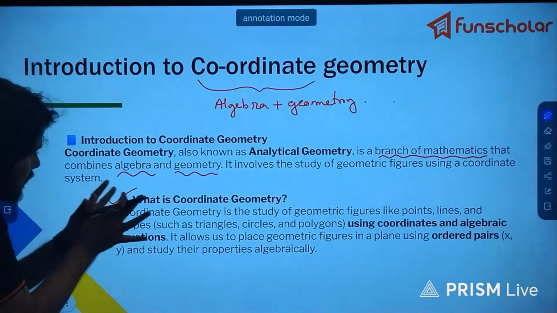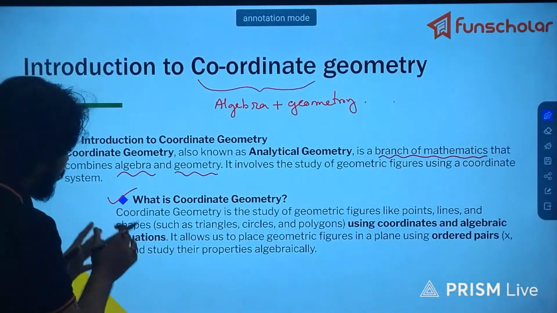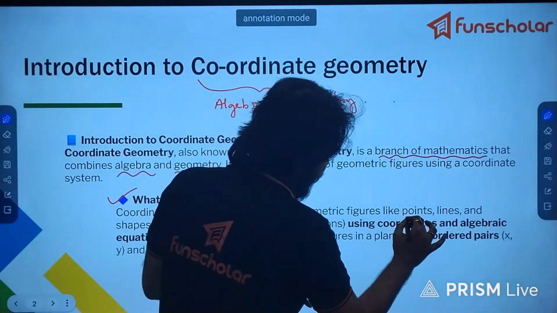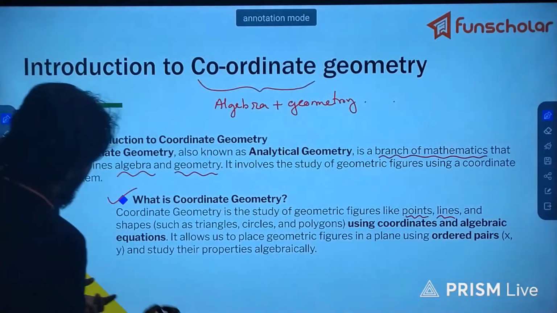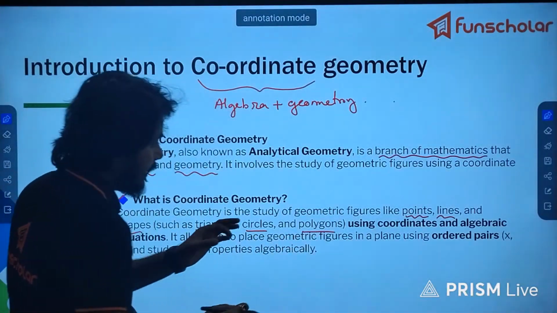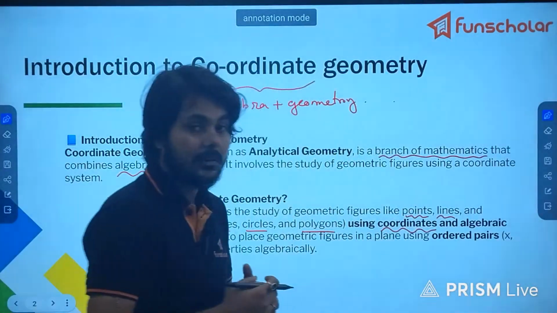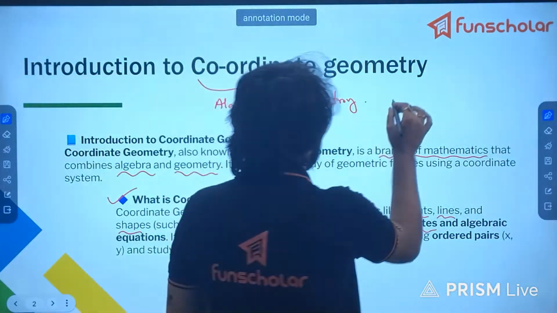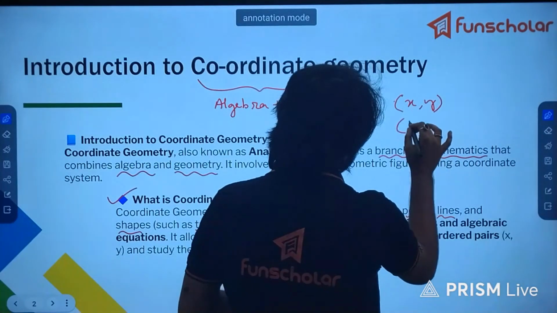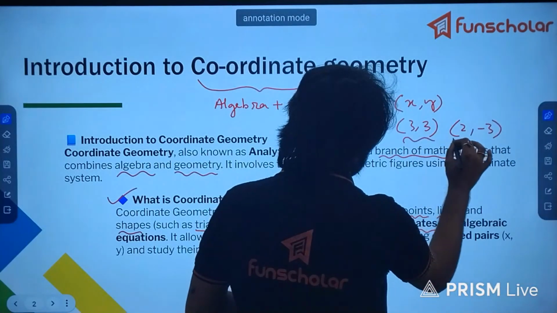Second, what is coordinate geometry? A definition. Coordinate geometry is the study of geometric figures like points, lines, and shapes, triangles, circles, and polygons using coordinates. What is a coordinate? A coordinate looks like this: x comma y, 3 comma 3, 2 comma minus 3.